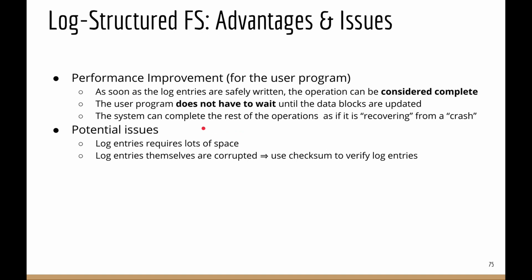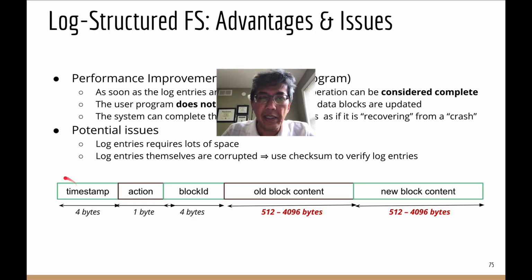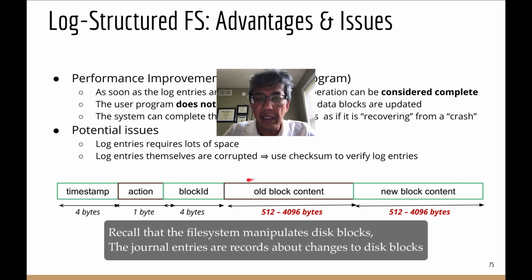But there's also a potential problem, because the journal entries require a lot of space. If you look at the details of a journal entry, it has to include the timestamp, the action, the block ID, the old content, and the new content. The issue is with copying the old content and the new content, because this is the content of the entire block.